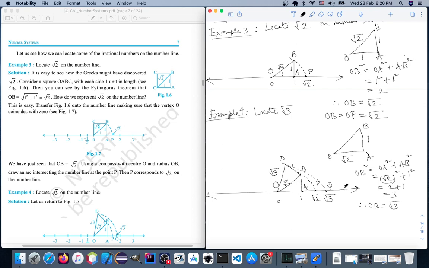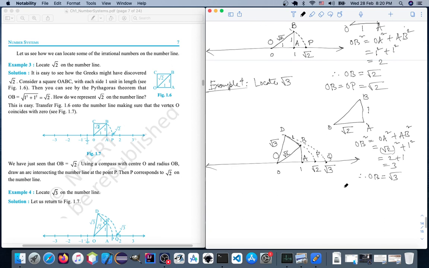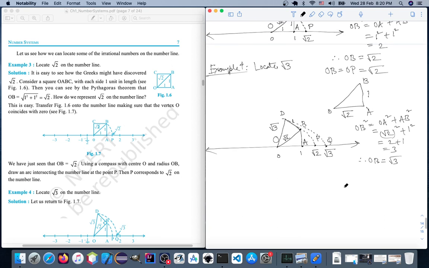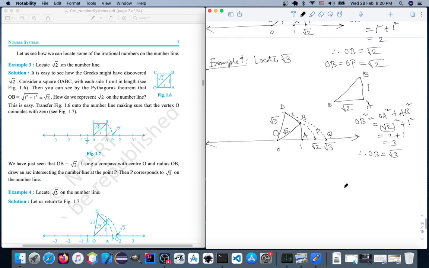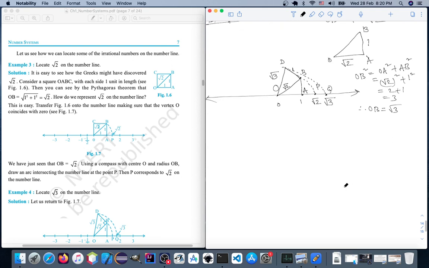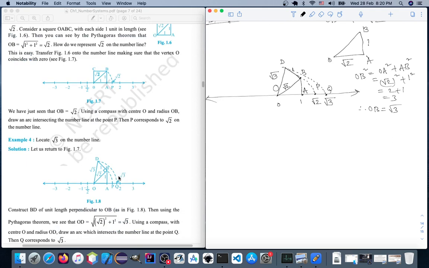Just the base will change. To locate root 3, we needed the base to be root 2. To locate root 5, we will need the base to be root 4. To locate root 7, we will need the base to be root 6. So in this way, we can locate any irrational number of the form root over n, where n is a natural number.